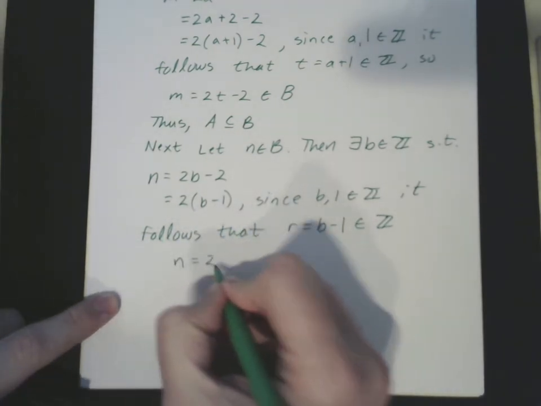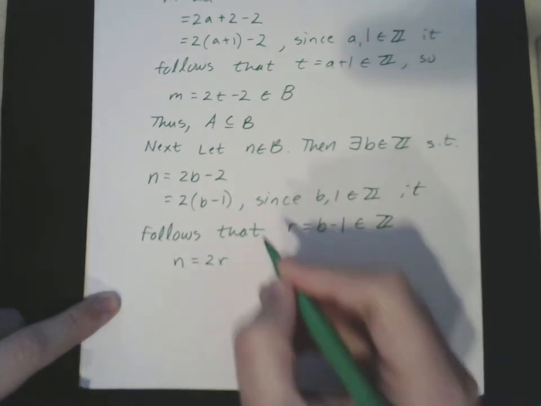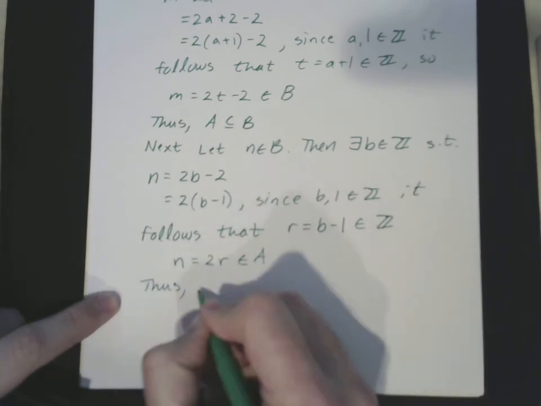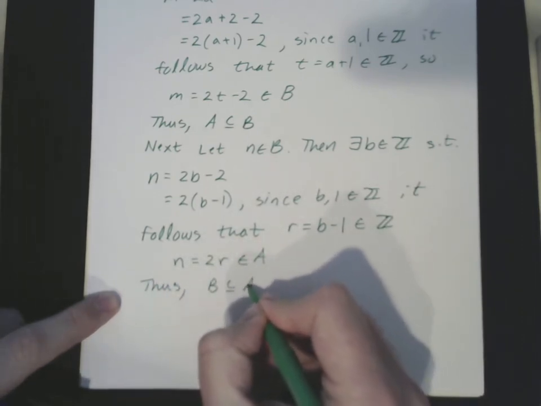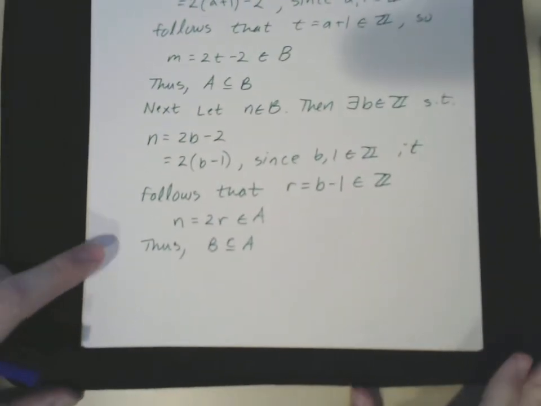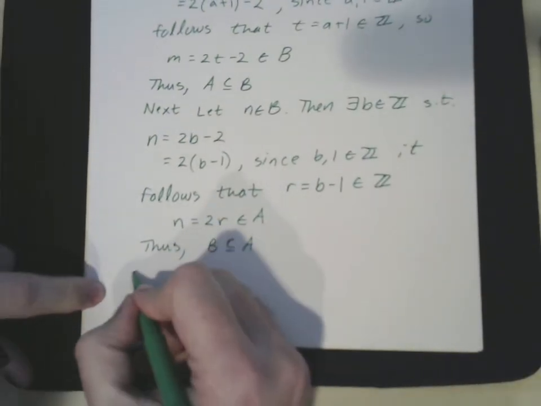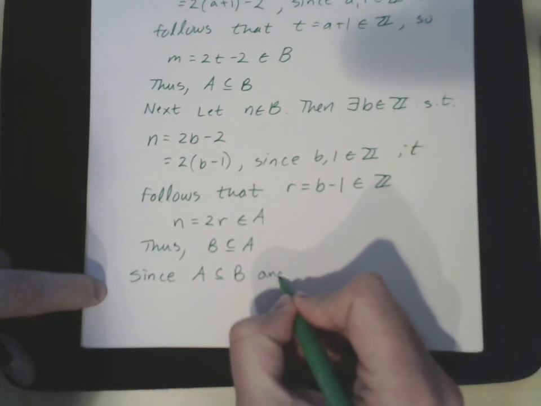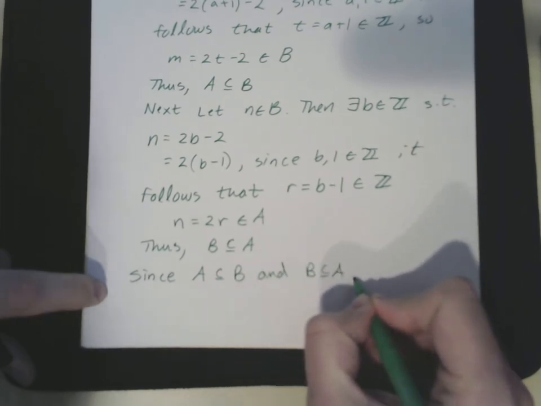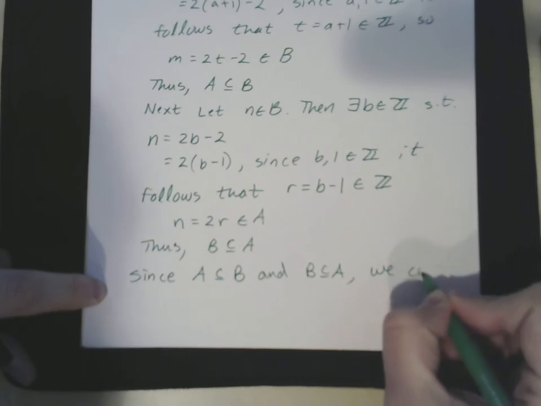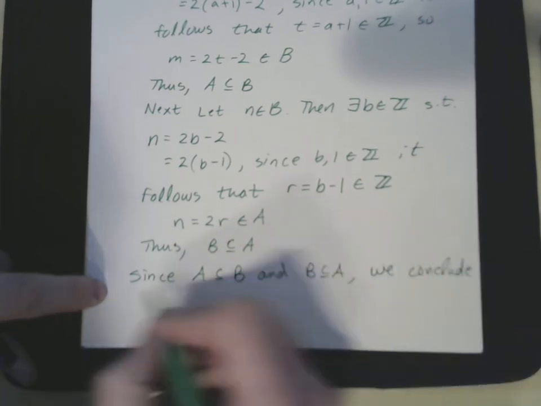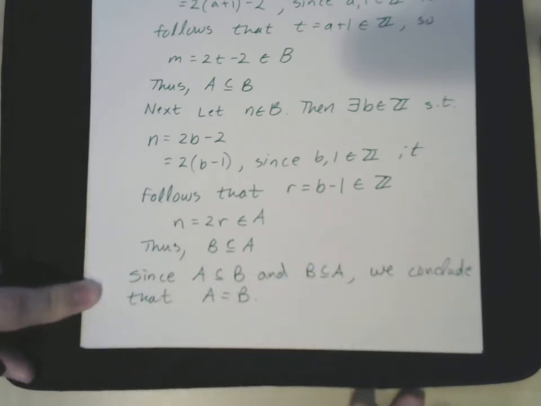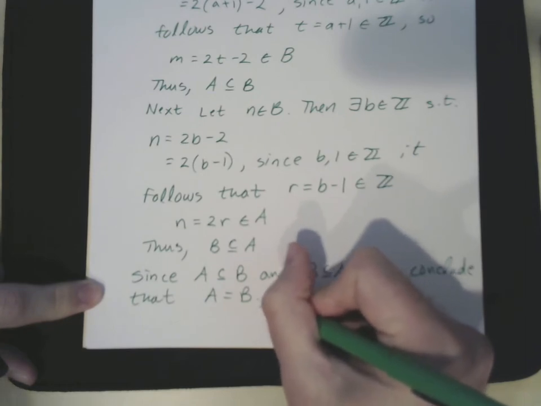So n equals 2 times r, which is an element of A. Thus, B is a subset of A. So, since A is a subset of B, and B is a subset of A, we conclude that the set A equals set B. And that's the end of our proof.